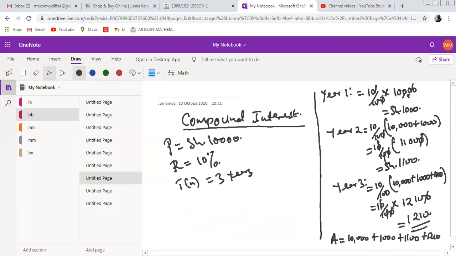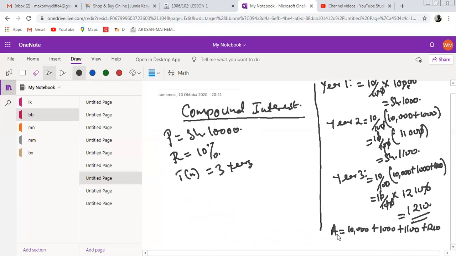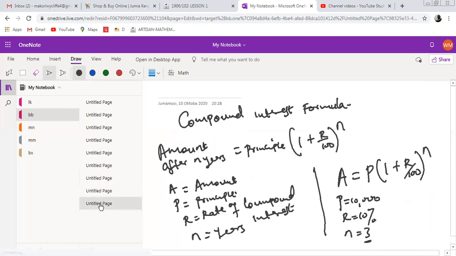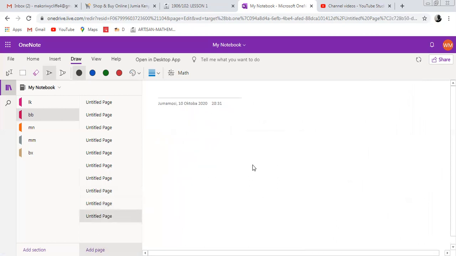So let us see, if we use the compound interest formula, are we able to get 13,310 as the amount after those years? So we can come here and say amount will be equal to the principal, which is the amount that we started with, into 1 plus the rate, 10%, power 3, because we are talking about 3 years.